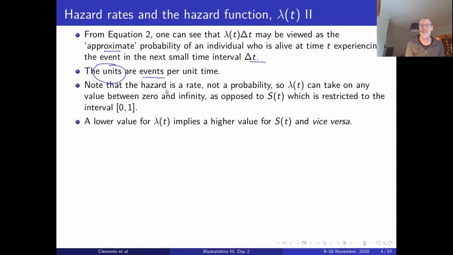Note that the hazard is a rate, not a probability, so it can take any value between 0 and infinity, while the survival proportion is restricted between 0 and 1. If you get a lower value for the hazard, then you get a higher value for survival. If you get a higher value for the hazard, then you get a lower value for survival.